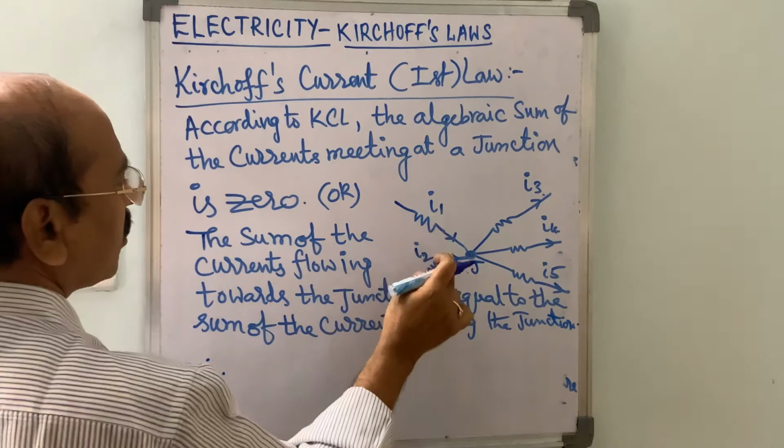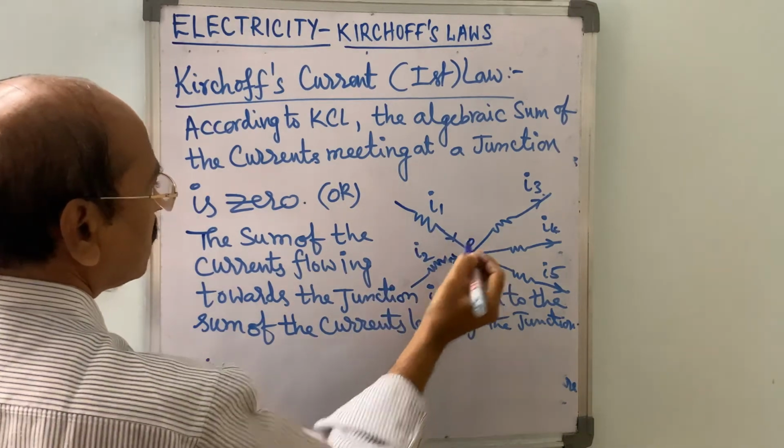Therefore, here I1 and I2 are flowing towards the junction O.